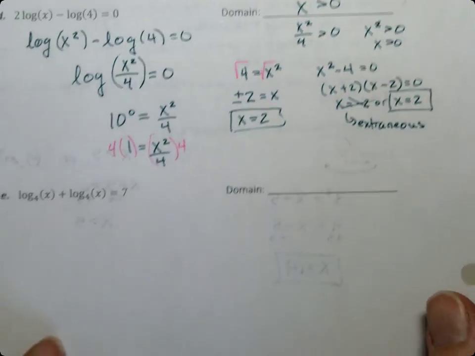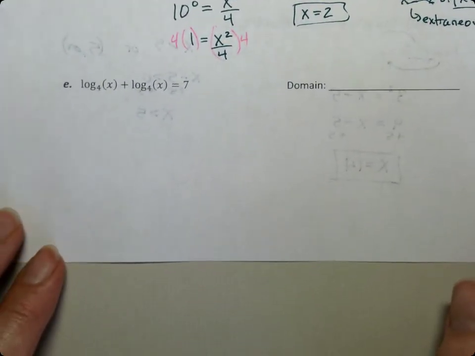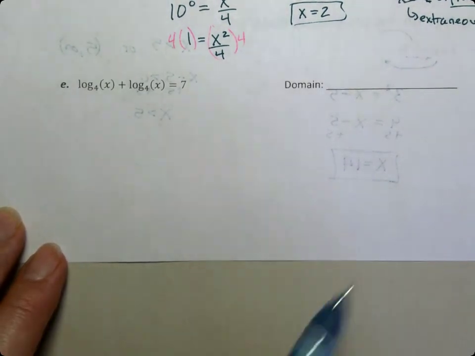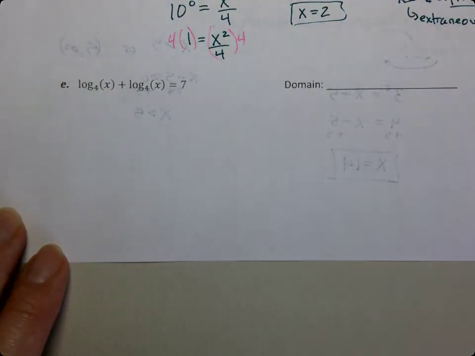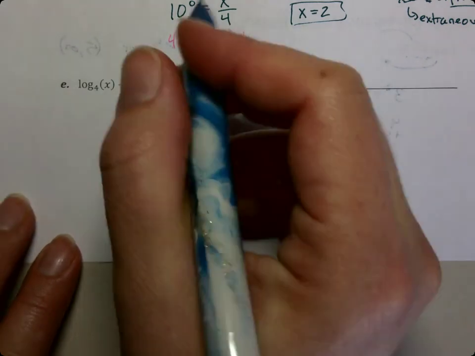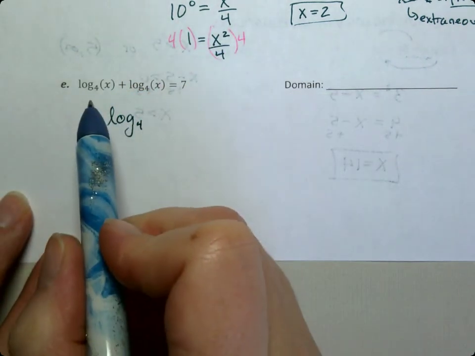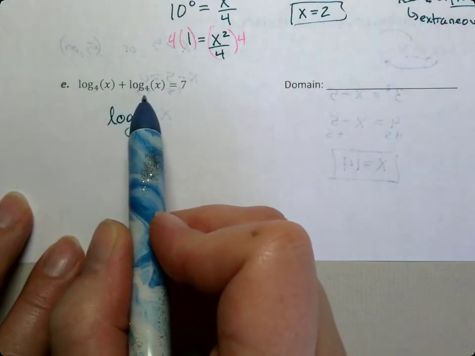Okay, so go ahead and think about what to do in this one. This one's a little bit messier. Now, in order to write it as a single log, they have to be the same base, and this one is.